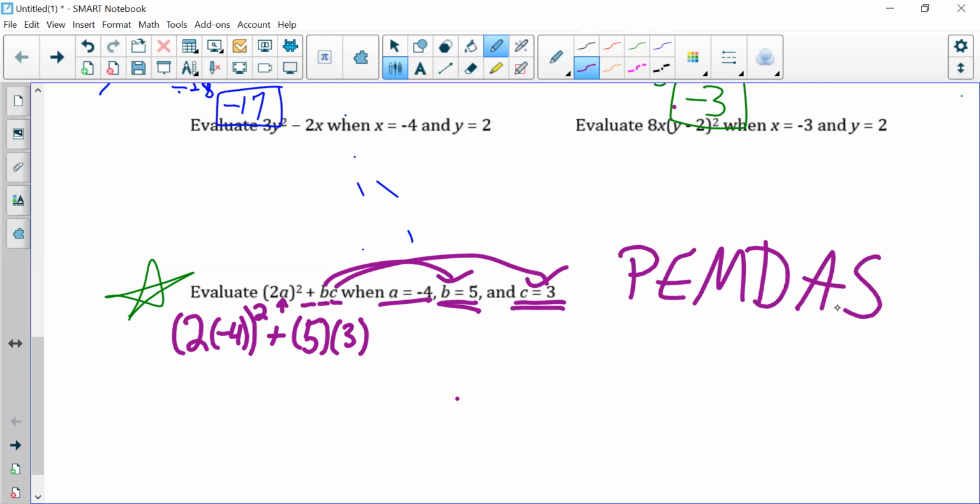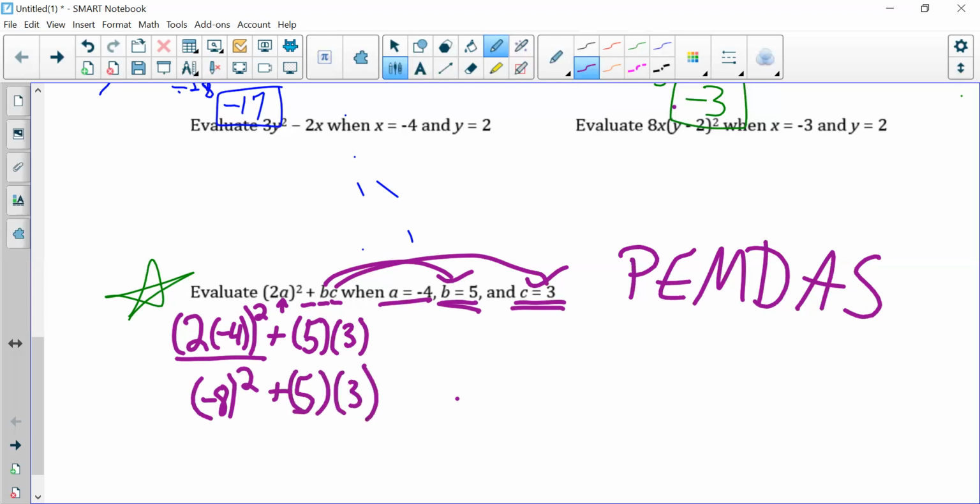Parentheses. First set of parentheses right here. This says 2 times -4. So what is 2 times negative 4? Negative 8. So negative 8, leave the outside set of parentheses, squared, plus 5 times 3.